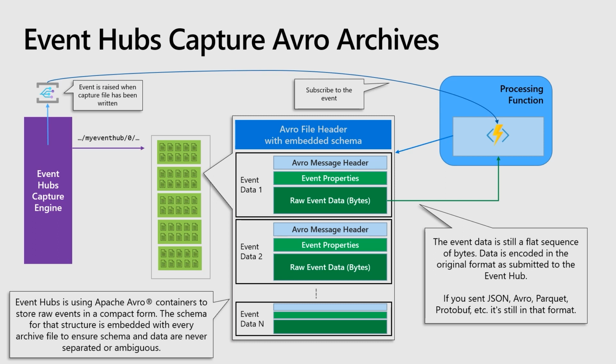The way you process this is you can react to the Event Grid event that we raise, and hook up a processing function, an Azure Function for instance, that subscribes to this event. Whenever we write a file, we raise that event, that function gets triggered, the path to that file is conveyed in that event, and then you can pick up the file.